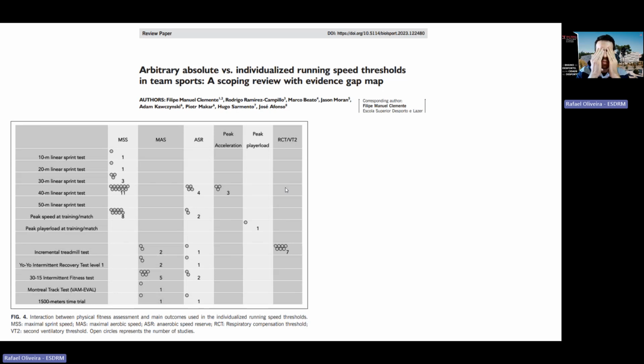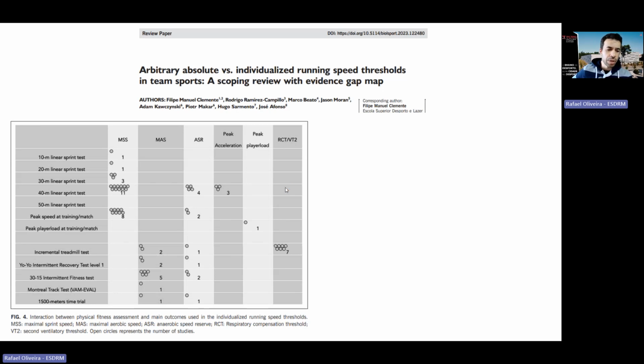But another recent review analyzed other specific information. For instance, in the previous slide where I showed you absolute versus relative data, we can use some thresholds that are usually known. For instance, high speed running between 14 and 19 kilometers per hour, or very high speed running with values higher than 19.8 kilometers per hour, and sometimes sprinting, for instance, above 25 kilometers per hour.